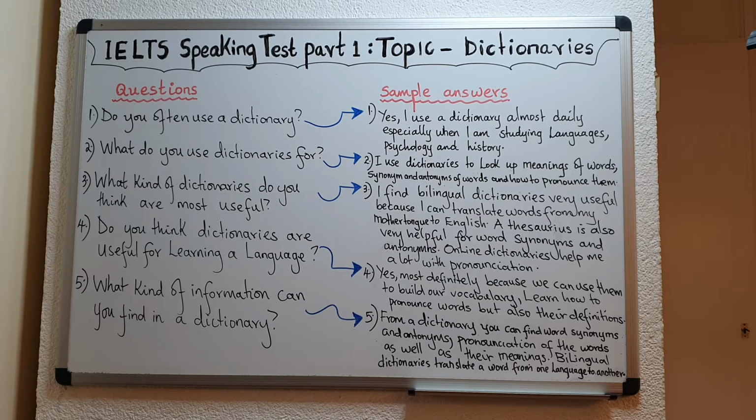Synonyms are words that have the same meaning. But I also use dictionaries for antonyms. Antonyms are words that have opposite meanings. And finally, I use dictionaries to know how to pronounce words. So I have 3 to 4 points there.